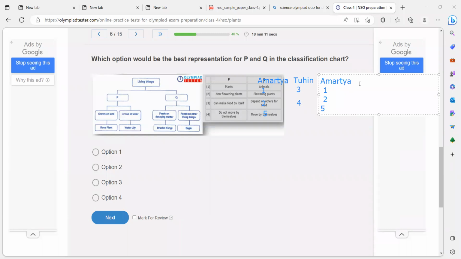Which spelling? Feeds on, ma'am, option C, option 3. Okay, that is option 3. It is decaying matter. Feeds on decaying matter. Decaying. Feeds on decaying matter means if someone is already dead, then someone will eat on that thing. Decaying matter. Okay, according to you, it is option 3.